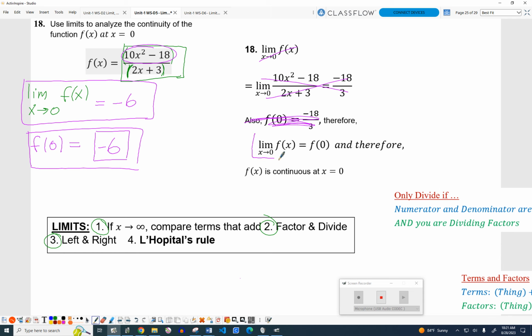You do have to write this to say that they're the same. And then you don't have to use the word therefore, but you got to say something like that, and f of x is continuous. Does that answer your question? Yeah. It's good work. 3 more for Brinley. Anybody else? Sweet. Okay, so let's stop that video.